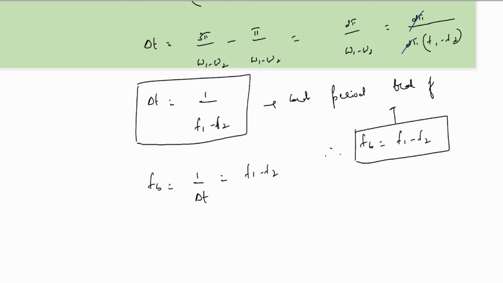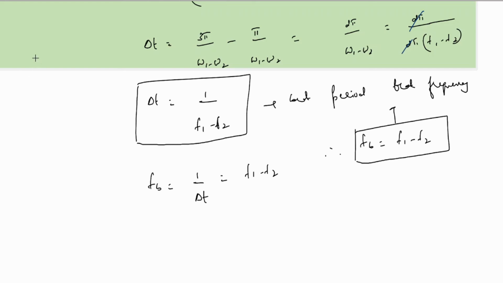You can say beat frequency is the number of times the sound intensity becomes maxima or minima. It's called the beat frequency. So it is simply given as the difference of the two frequencies.